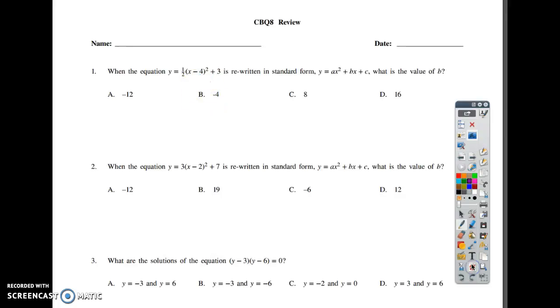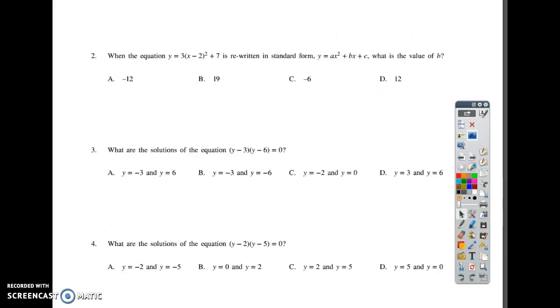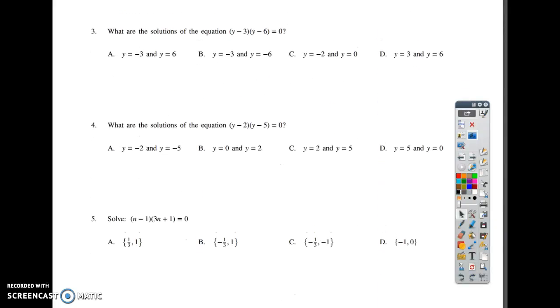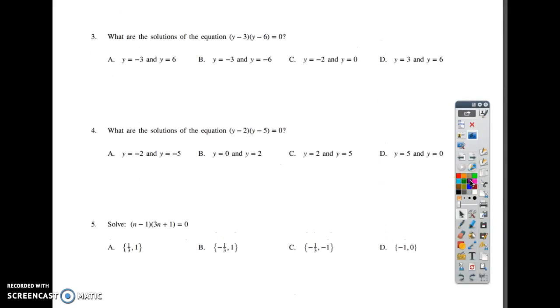On problem 3, 4, and 5, they're asking you for solutions. Okay, what are the solutions? What are the solutions? And solve is asking also for the solutions.